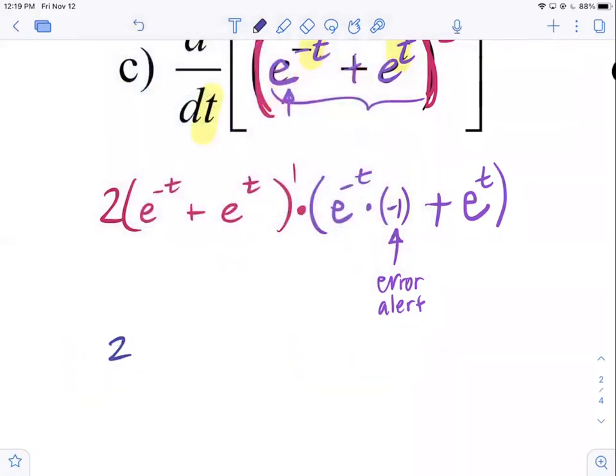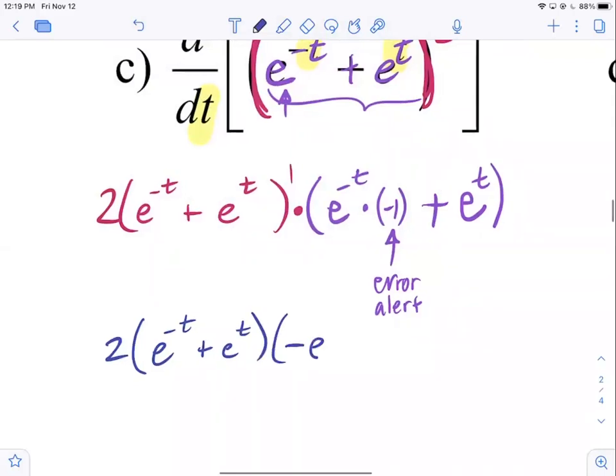We got a 2, and we'll do more than one step. Maybe we don't see the insight yet, but that negative that's multiplied out behind it can actually go in front of e to the negative t plus e to the t. Now, who likes to lead with the negative?